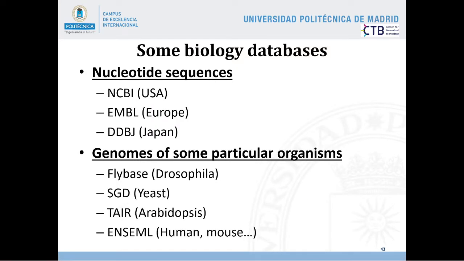So there are some very important biology databases. There are tons of biology databases nowadays because it is a rapidly growing field, and the technologies are getting better and better. So we have very different and very large databases regarding biology.